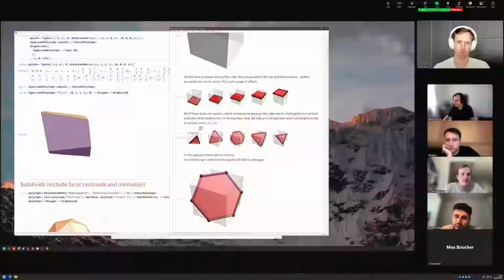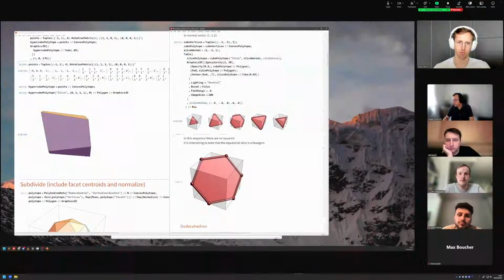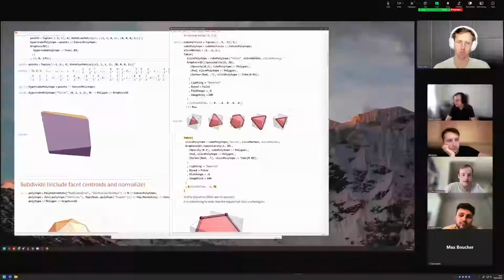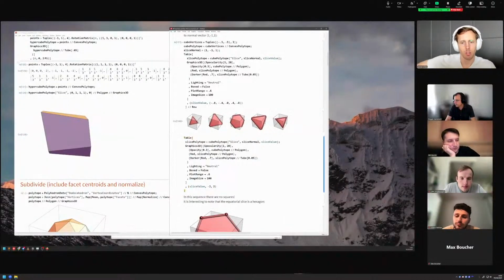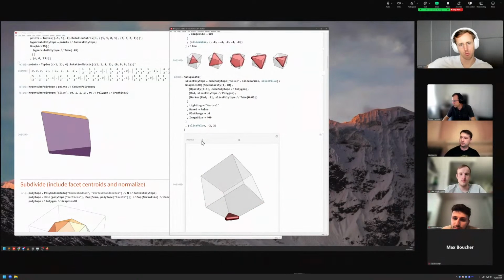If you were slicing it from the vertex-first position, by the vertex you get a triangle, and then it would truncate to a hexagon, and then to a triangle again.